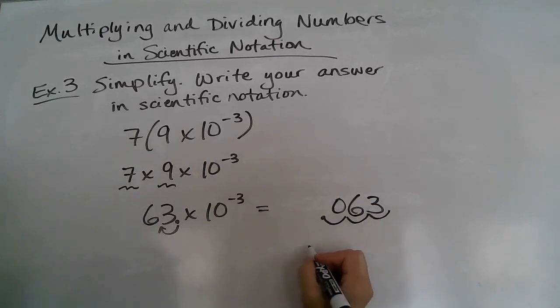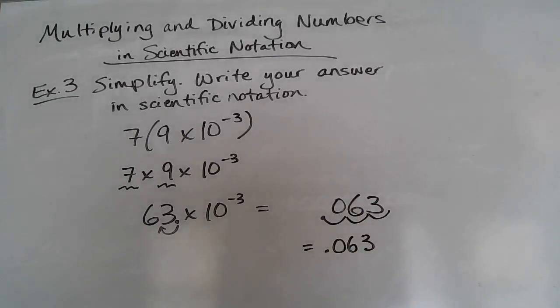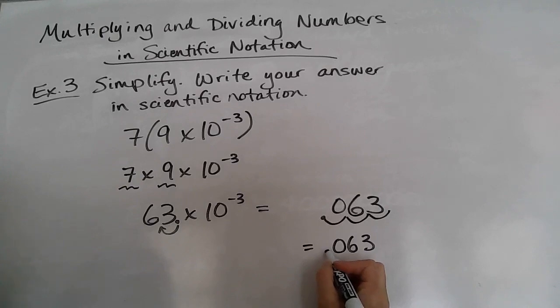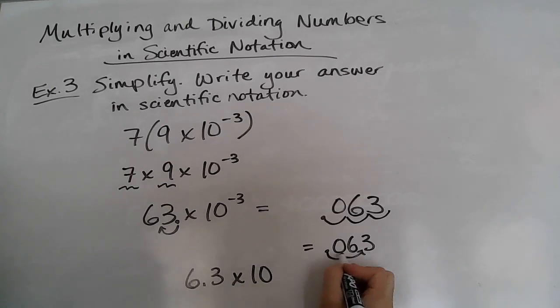So what it ends up being is 0.063. Now to write it in scientific notation so that I only have 1 digit to the left of the decimal, move it right there. It becomes 6.3 times 10 to the negative 2.